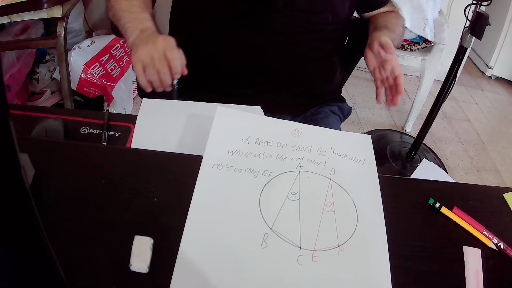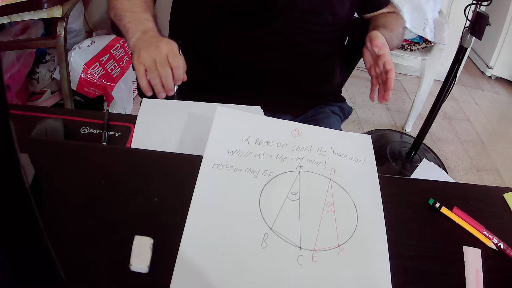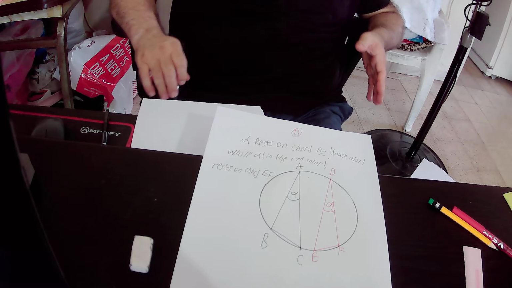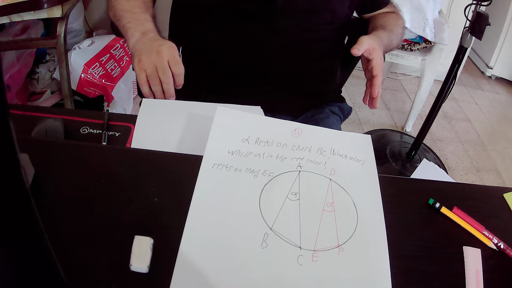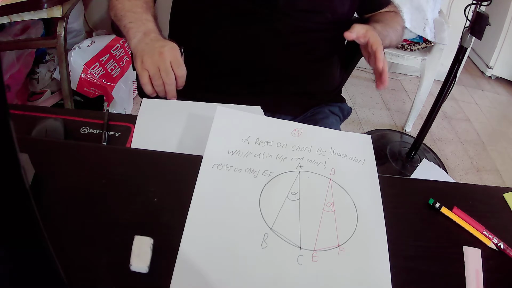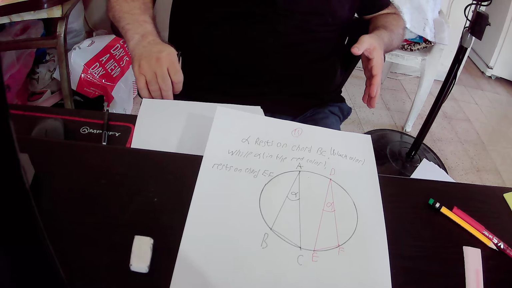Okay, so both angles are equal to each other, both of them equal to angle alpha, and we know that angle alpha in the black color rests on chord BC, while angle alpha in the red color rests on chord EF. They are both equal to each other.